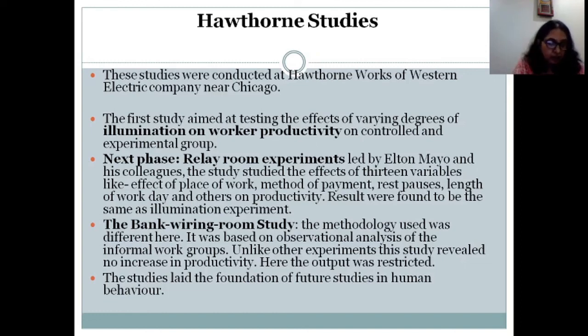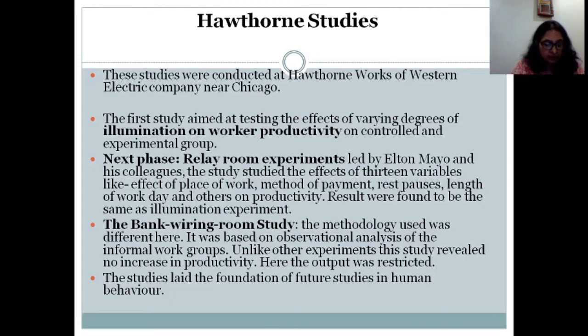Now, it is important to note here that the last three areas are associated with the famous Hawthorne effect that we call it. Many social scientists imply that the increase in the relay room productivity was due to the fact that the workers were receiving special attention because they were placed in a separate room rather than in a regular department. They were working in a separate room. So they felt very special, and they felt that the special attention was being given to them.